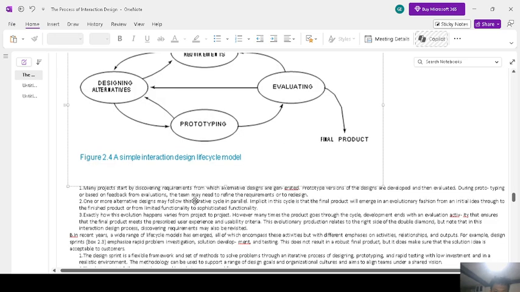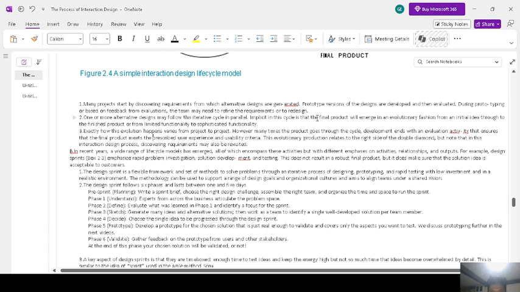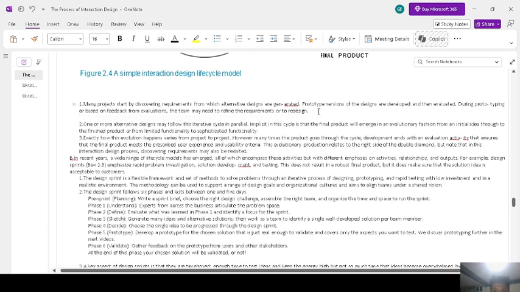You go back to designing alternatives. Many projects start with discovering the requirements, from which alternative designs are generated. Prototype versions of the designs are developed and evaluated. During prototyping or based on feedback from evaluation, the team may need to refine the requirements or to redesign.